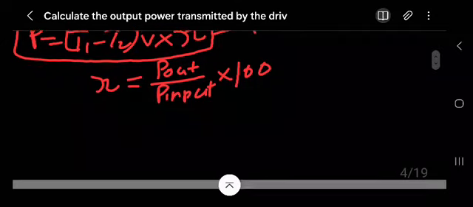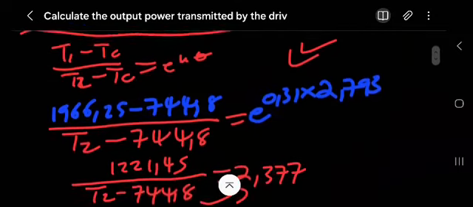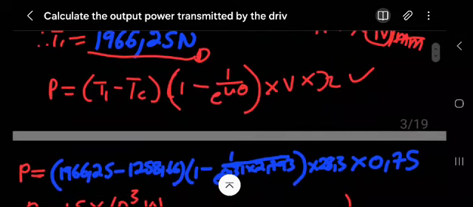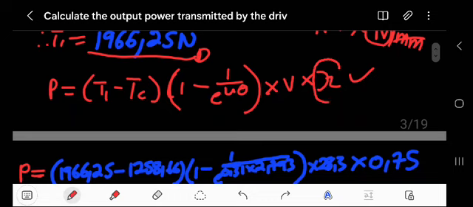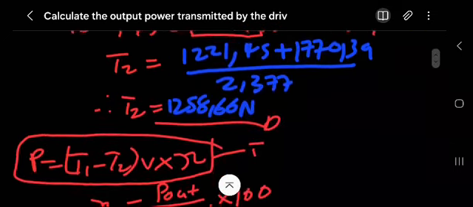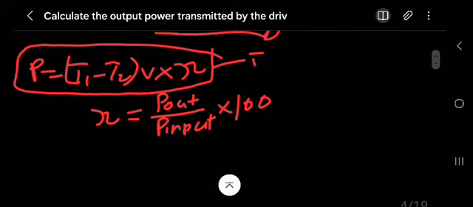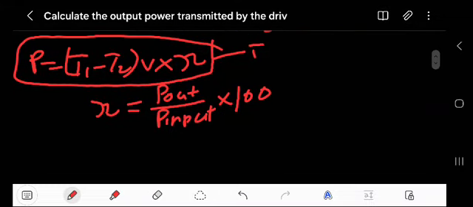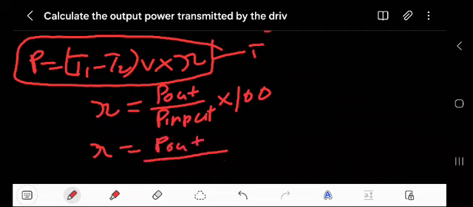So maybe someone may get amazed why I've multiplied by this. How come it's like that? So this is an output power. Remember, we have the efficiency. We want the output power. But the input, let me substitute that equation, T1 minus T2 multiplied by velocity.